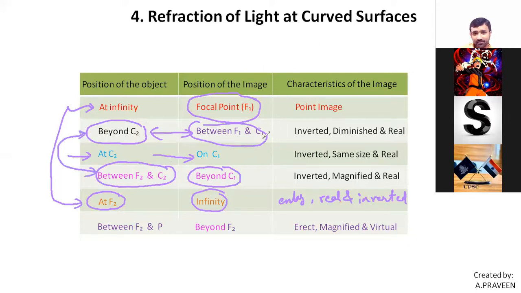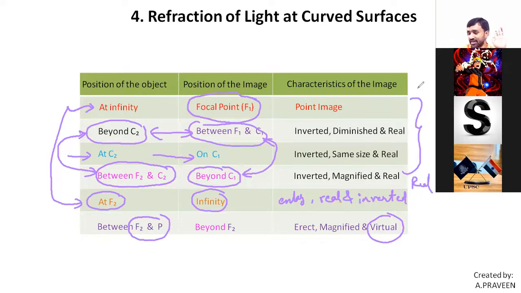Is it clear? I am linking. If you place the object between F and C1, the image is beyond C2. If you place the object beyond C, it will be between F and C. Then the remaining position is the only case where you will get a virtual image. In all the remaining situations the convex lens gives a real image.